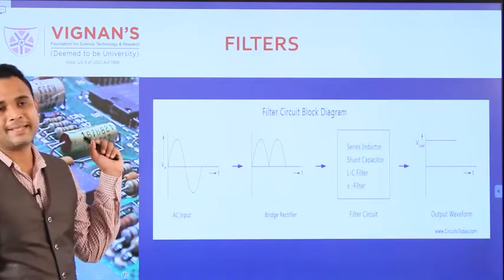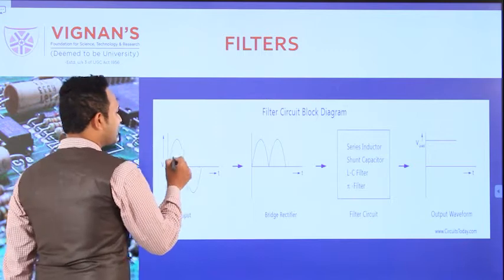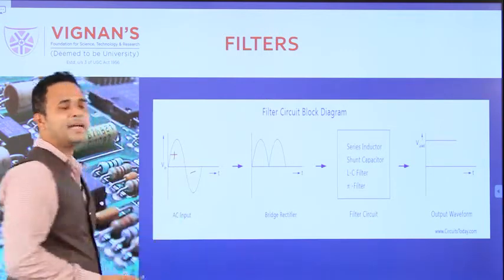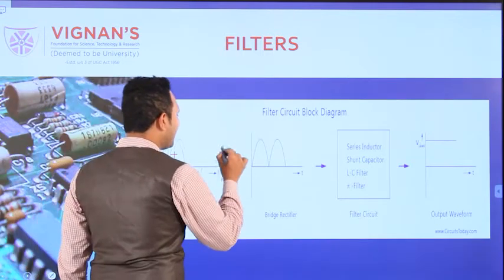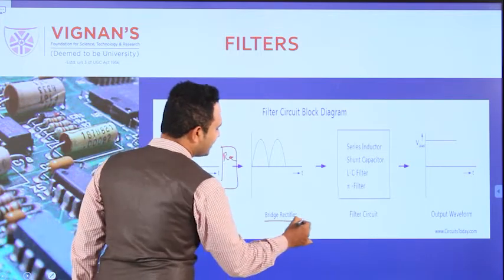Why are we using the filters? Generally our available source is the AC source, consisting of positive peaks and negative peaks. We apply this to a rectifier; here we are taking the bridge rectifier.